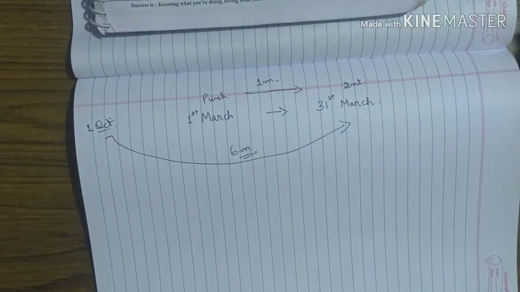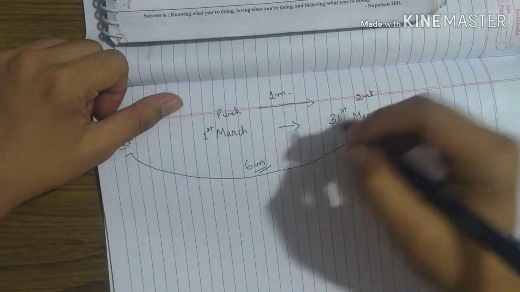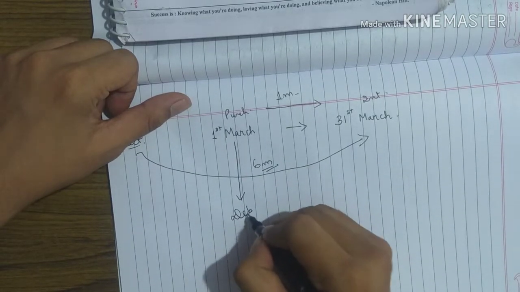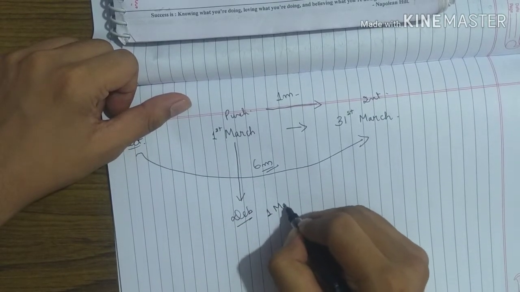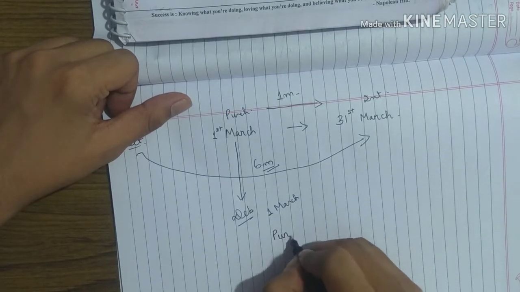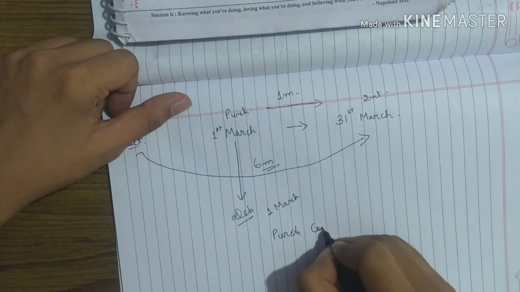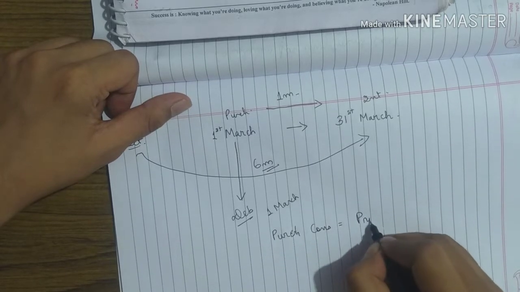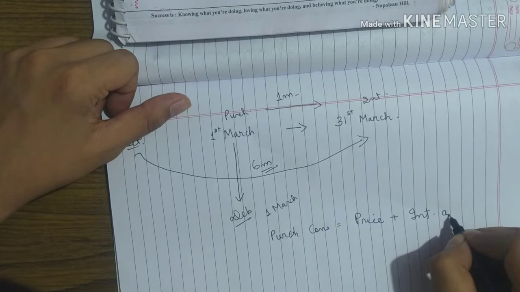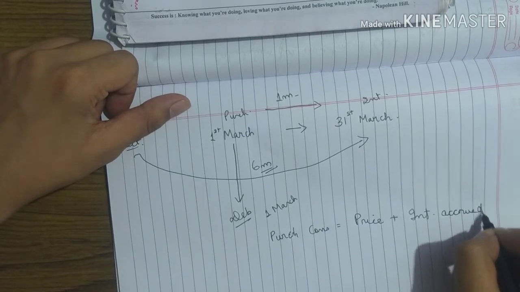When we purchased the debentures on 1st March, the purchase consideration will include the price plus the interest which has been accrued.